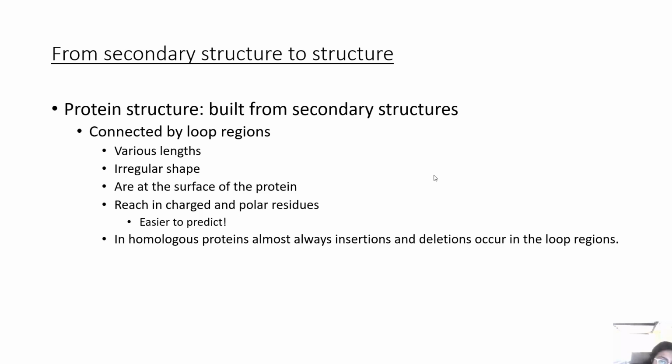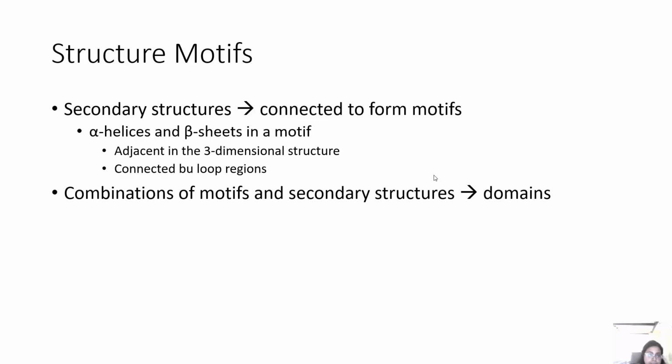A protein structure is built from secondary structures connected by loop regions of various lengths and irregular shape. Loops are at the surface of the protein, rich in charged and polar residues. In homologous proteins, insertions and deletions almost always occur in the loop regions. Secondary structures are connected to form motifs: alpha helices and beta sheets in a motif are adjacent in the three-dimensional structure, connected by loop regions.